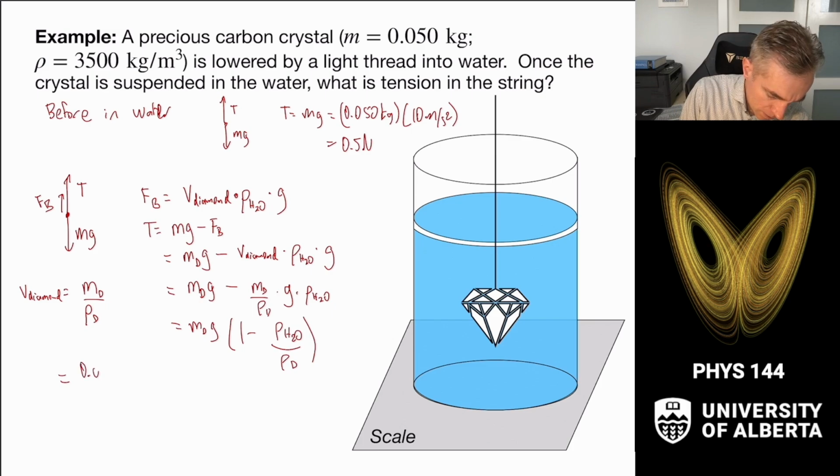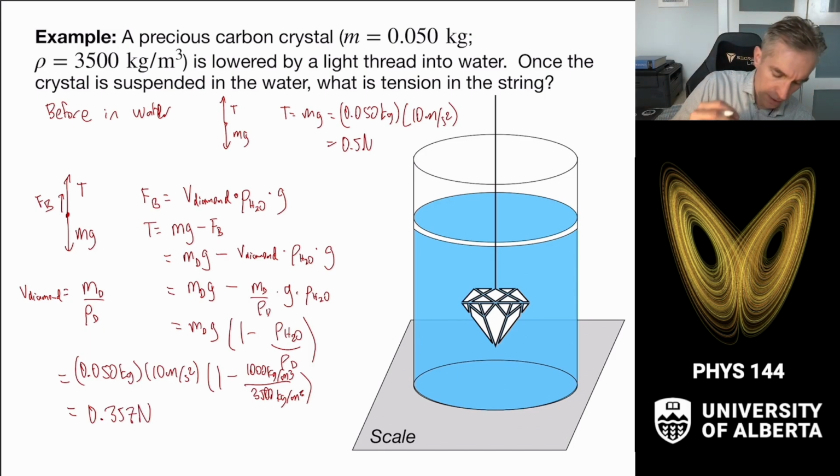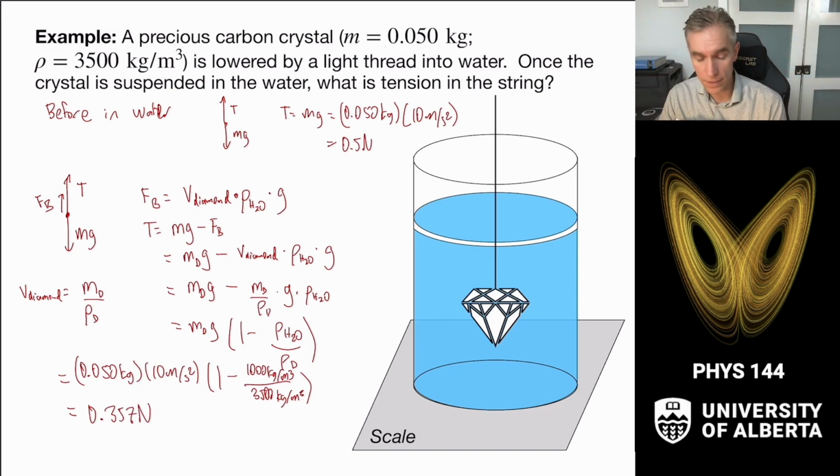So this is 0.050 kilograms times 10 meters per second squared times 1 minus 1,000 kilograms per meter cubed over 3,500 kilograms per meter cubed. And that whole thing is equal to 0.357 newtons. So that means that the tension of the spring just becomes 0.357 newtons. Okay.